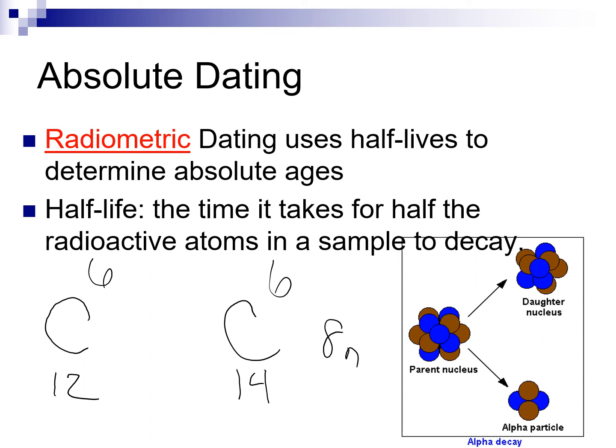Well, this is what we call an isotope. And carbon-14, think of it this way. Think of carbon-14 as seeing itself as an outsider. It doesn't feel normal. It wants to be normal. It wants to go to carbon-12. So what isotopes do is they decay. What that means is they break down.